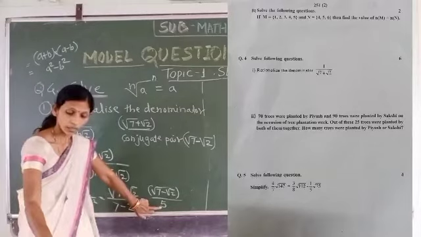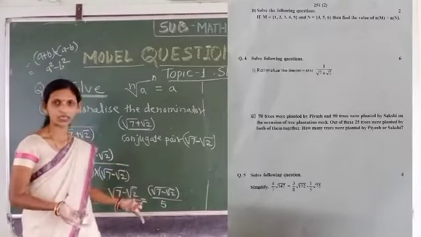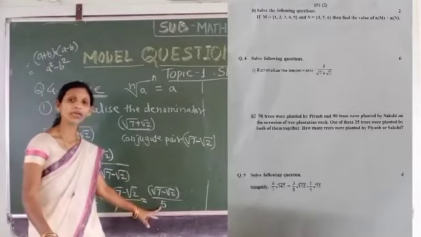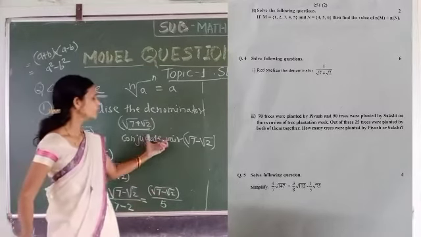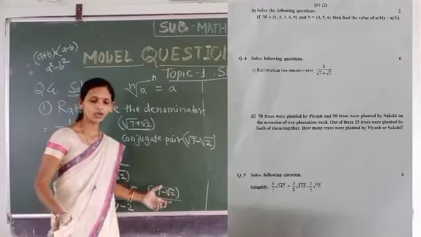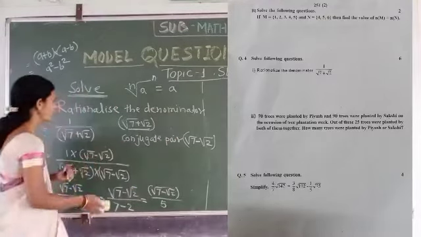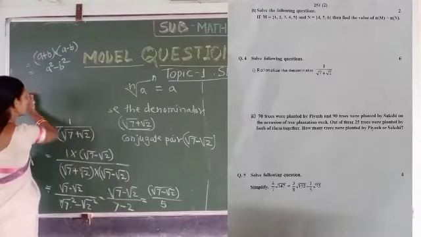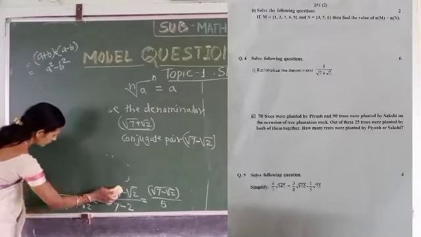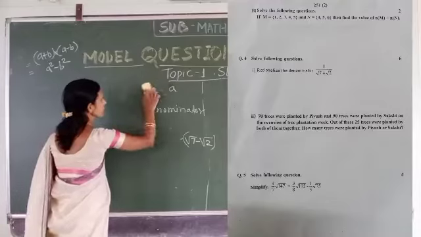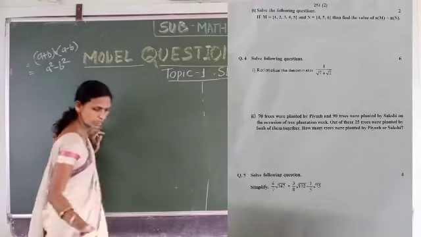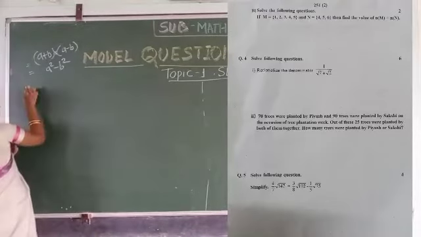Here the denominator becomes a rational number, and for this purpose we use the conjugate pair of this binomial sum. Then one more example, question number 4, example number 2, which is a word example.